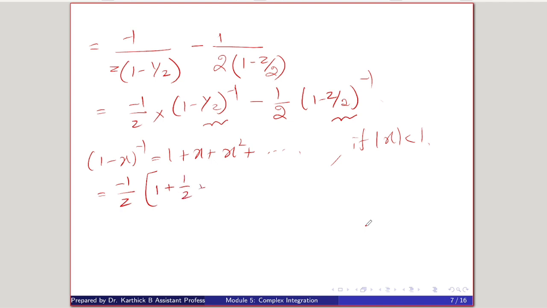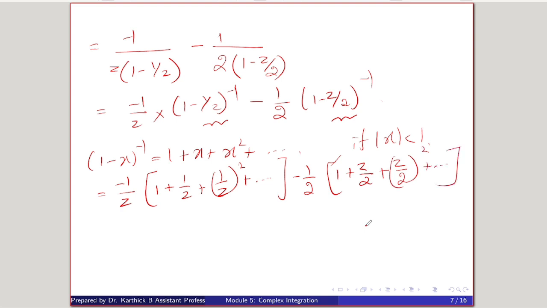So 1 by z plus 1 by z whole square, it goes on this way, minus 1 by 2, and if I expand this, 1 plus z by 2 plus z by 2 whole square, it goes on this way.